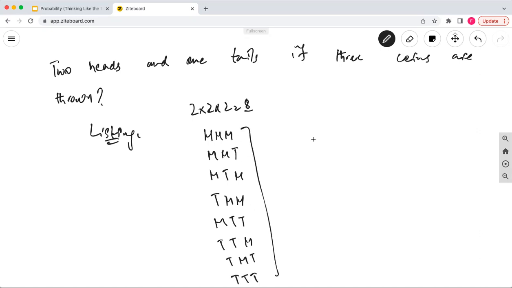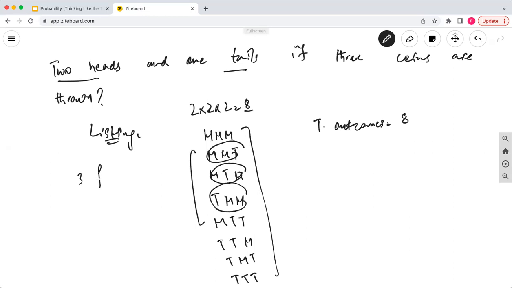So the total outcomes are 8. And the required outcomes are 2 heads and 1 tail. See, head head tail, head tail head, and tail head head. So there are 3 favorable outcomes.